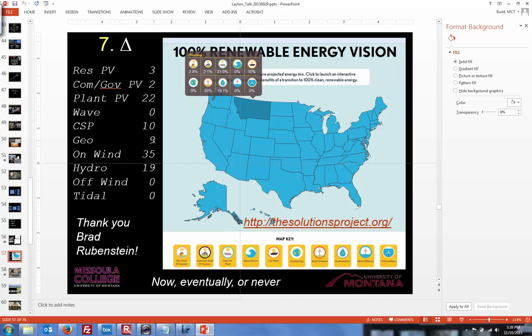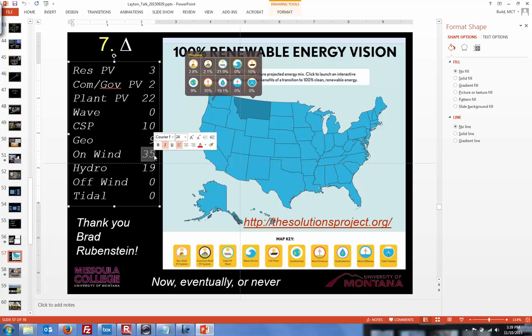We'll get into that when we talk about geothermal. They don't talk about whether it's residential scale, institutional scale, grid scale, but assuming there's some of each, it adds up to 9%. And if we just look at wind, in this case, onshore wind specifically, it comes out to be 35%.